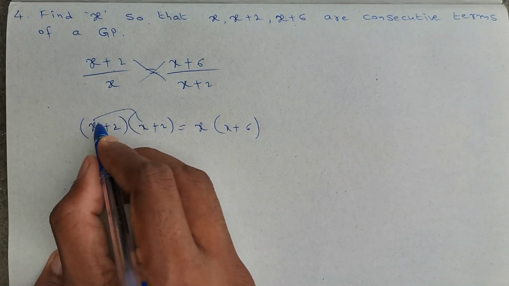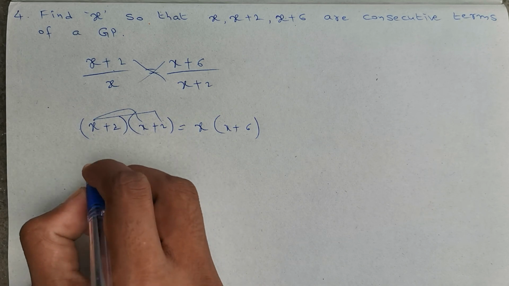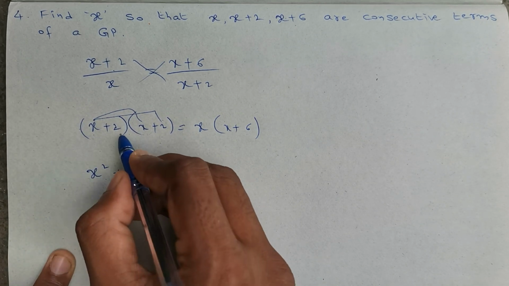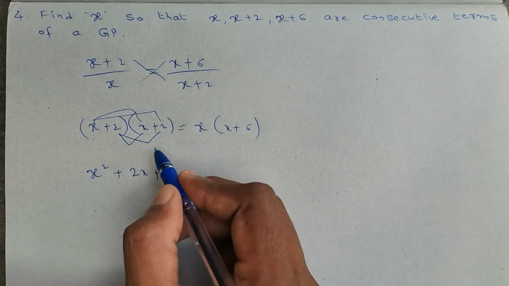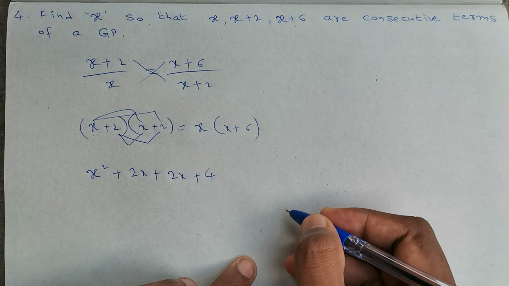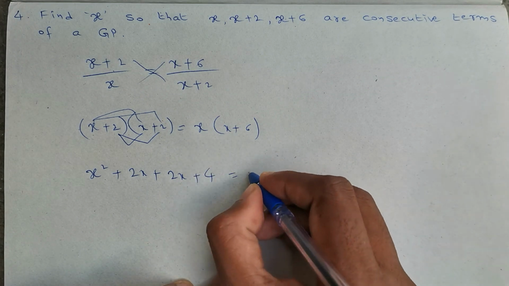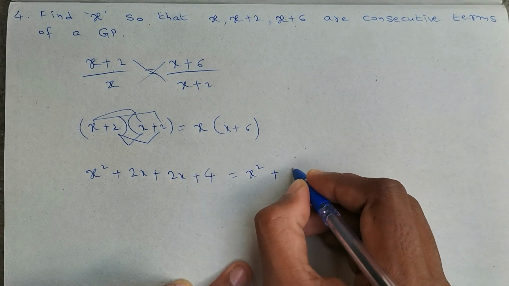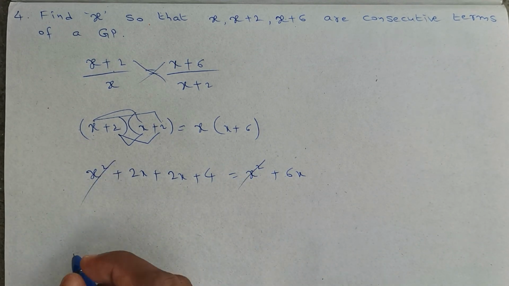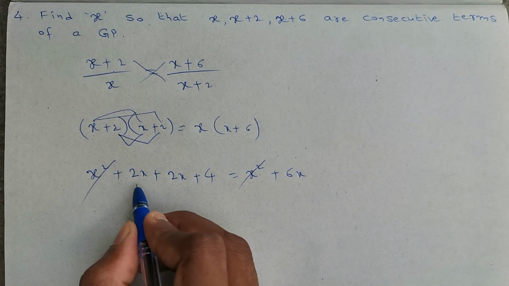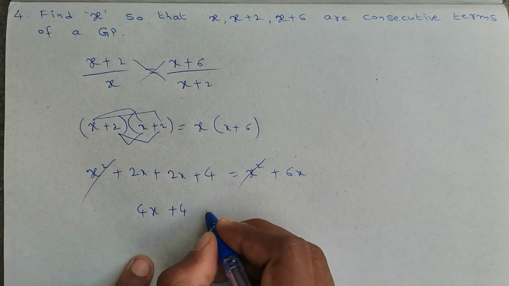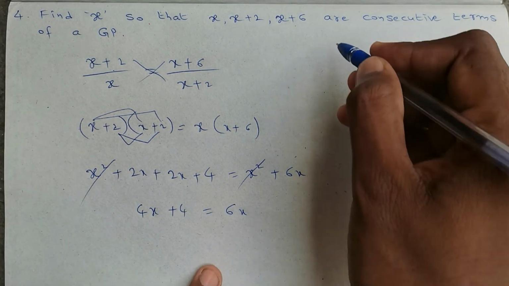First term into first term, x into x is x square, plus x into 2 is 2x, plus second term into first term, 2 into x is 2x, plus 2 into 2 is 4, is equal to x into x, x square, plus x into 6, 6x. Left side x square, right side x square, both will get cancelled, so we remain with 2x plus 2x, 4x, plus 4 is equal to 6x.